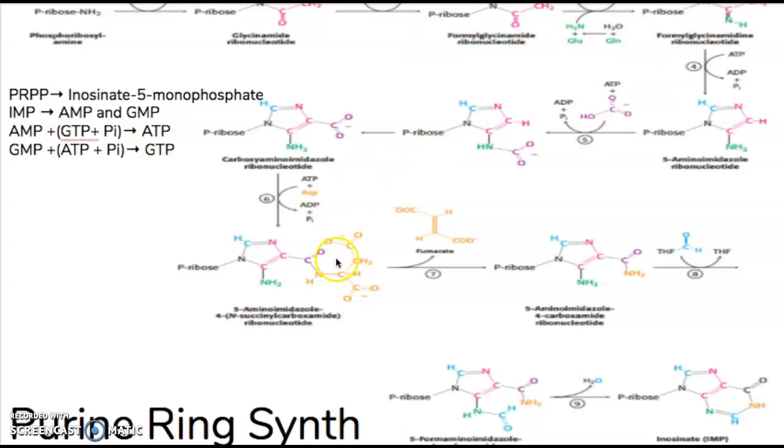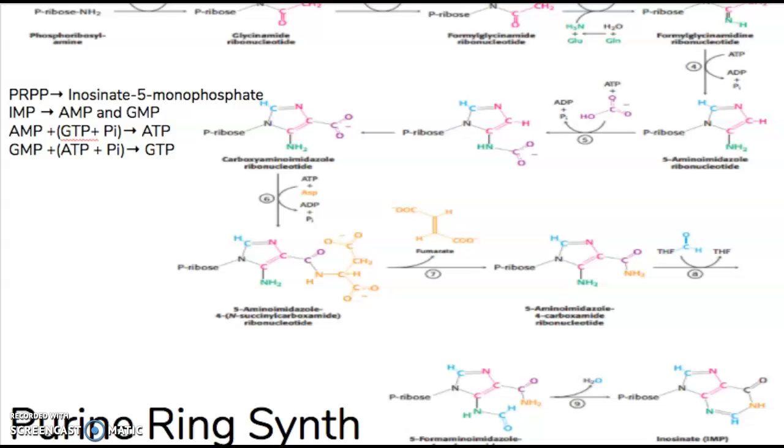And then through this reaction sequence, we're going to end up with IMP, which is inosine 5-monophosphate.